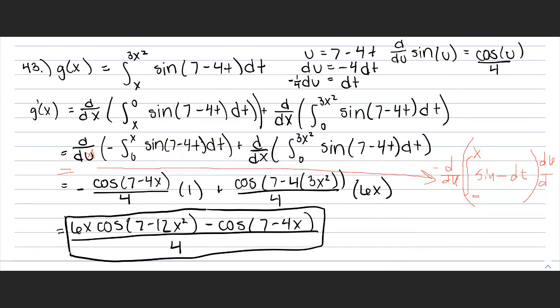You probably meant to write this. Right. d du times du dx is still your d dx, right? Right. So you want to apply your u method. Then you can change this inside, sine of 7 minus 4x, to be sine u.